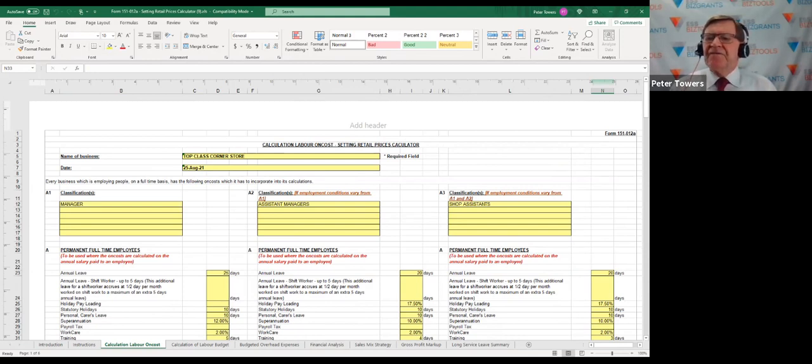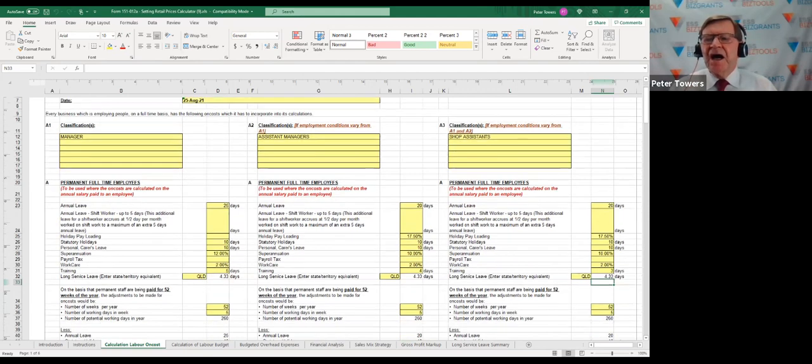And we have classifications for full-time staff, part-time staff, and casuals. And within each of those, we have provision for 6 classifications. And these are classifications based on what their on-cost calculations are going to be based on.